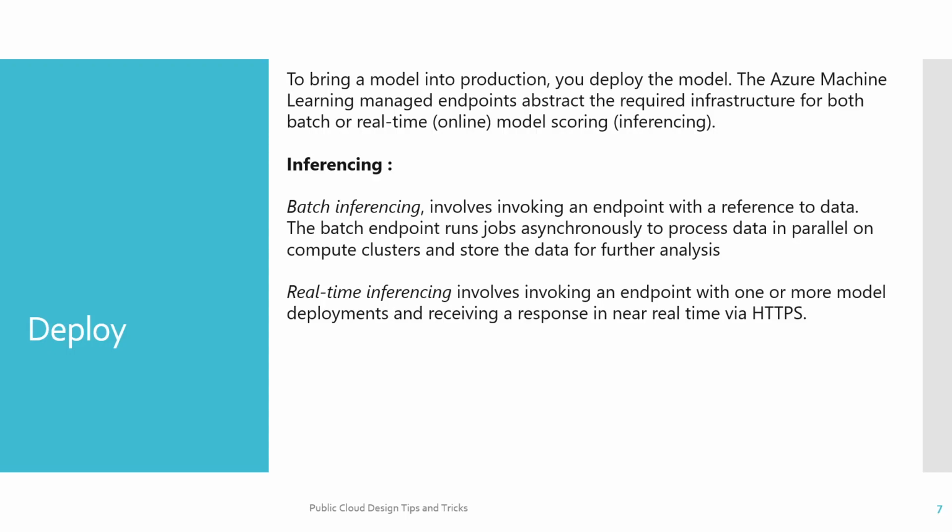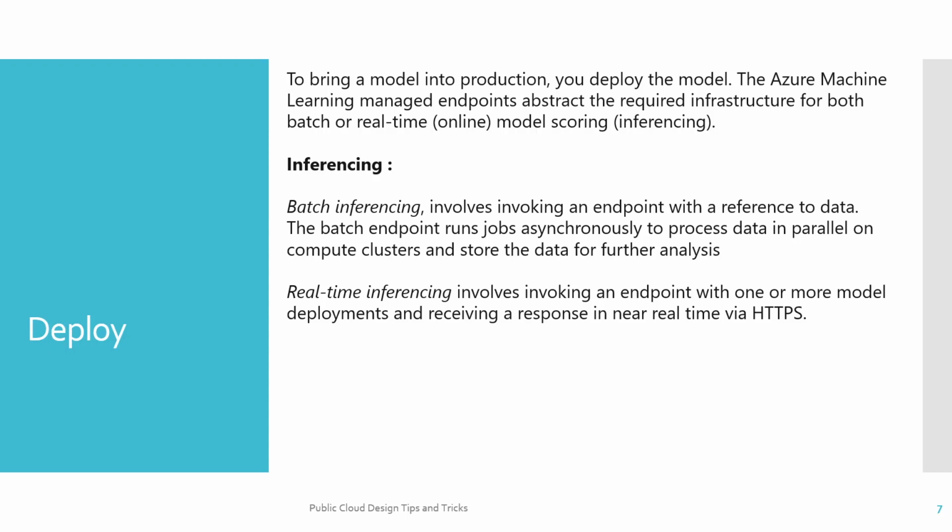So that part is called scoring. What is scoring? You already have a model and you want to validate your own datasets on top of the model to derive the output.